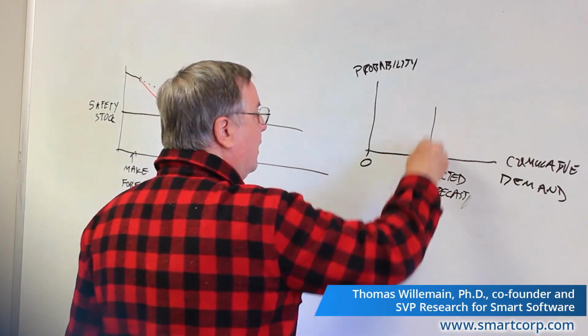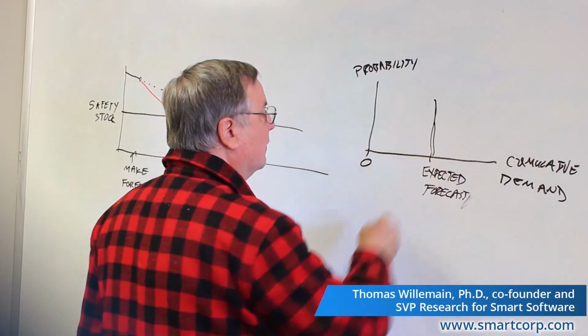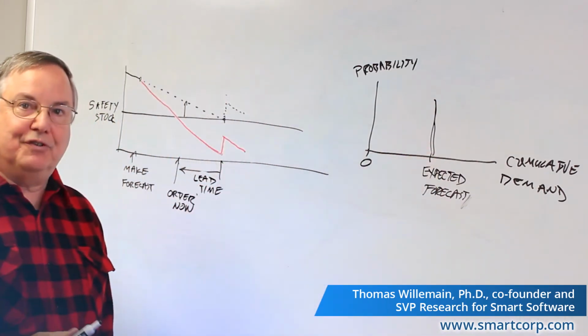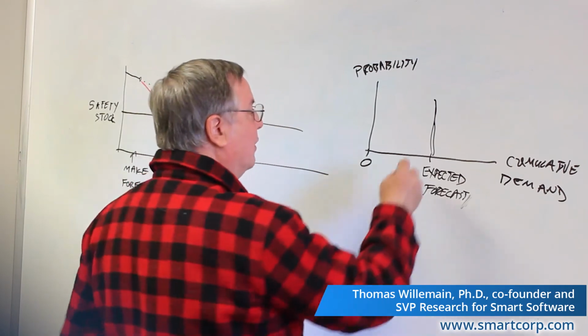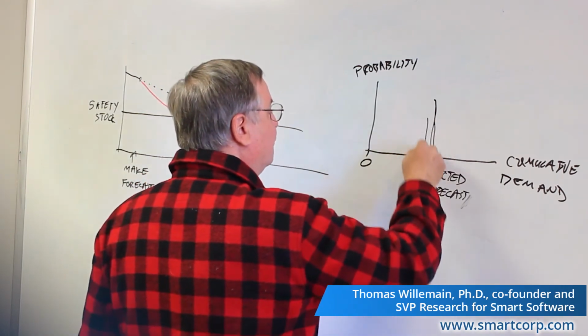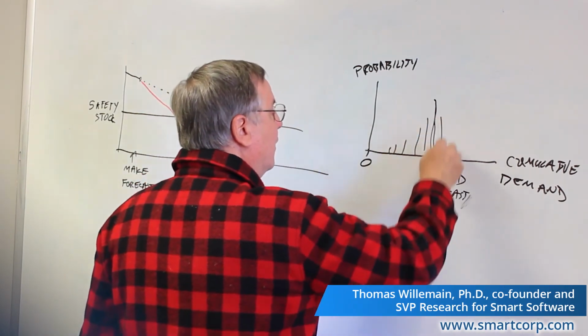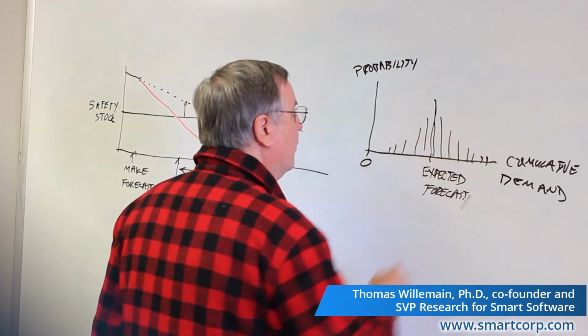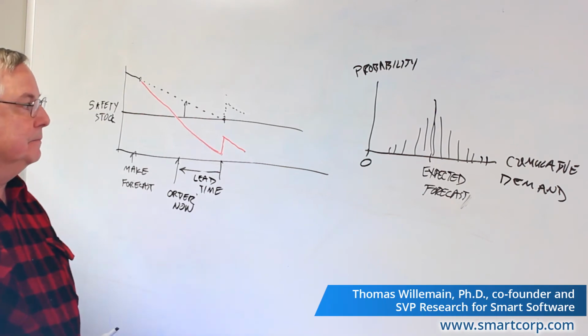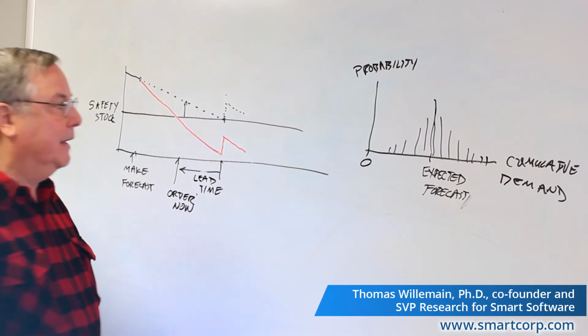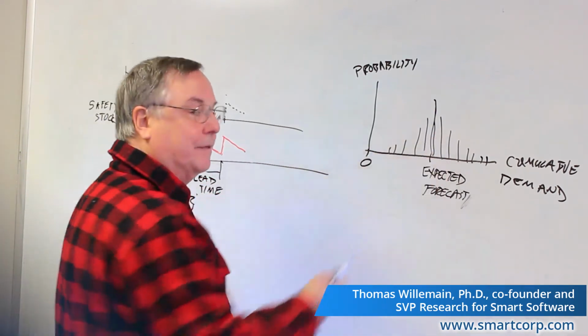So this will have a high probability, but it won't be a certainty. And so we could imagine a process where we think about other possibilities, where other values of demand also have some chance of occurring. And that would be a picture that looks something like this.